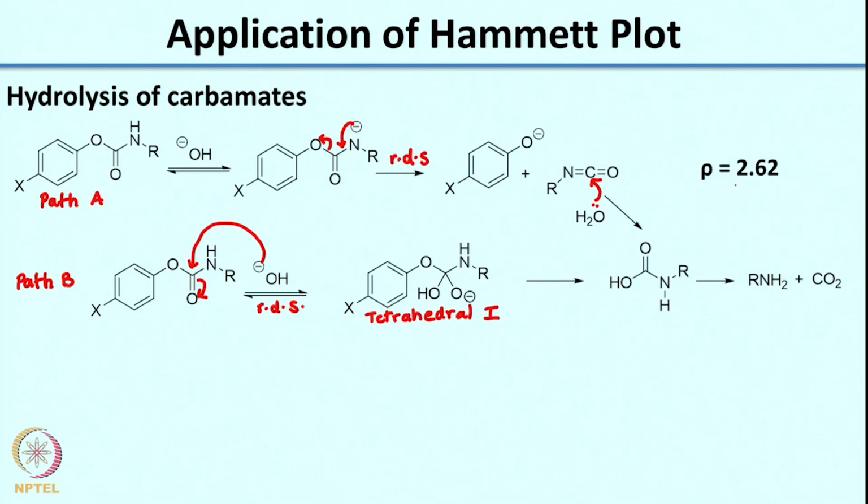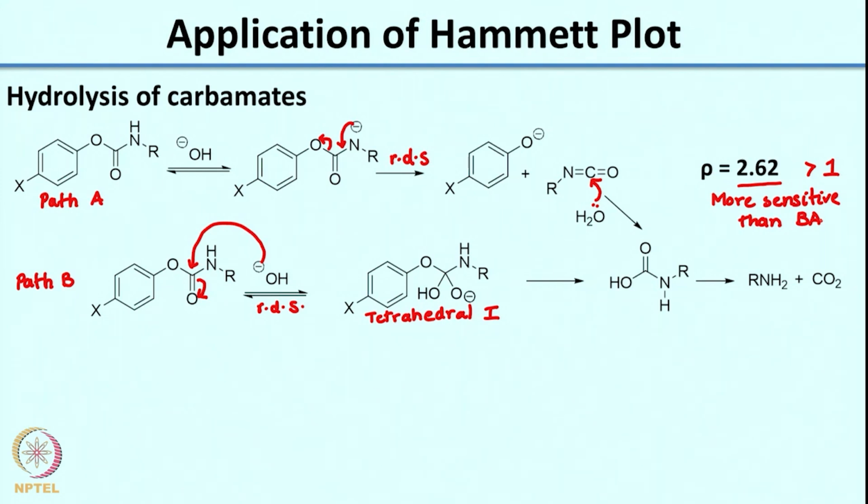Now, the magnitude of this is greater than 1. So, what that indicates is that it is more sensitive than benzoic acid. Correct, we had seen that in the previous 2 lectures.